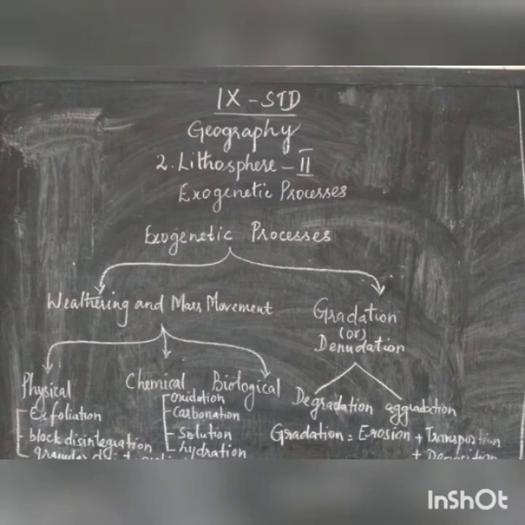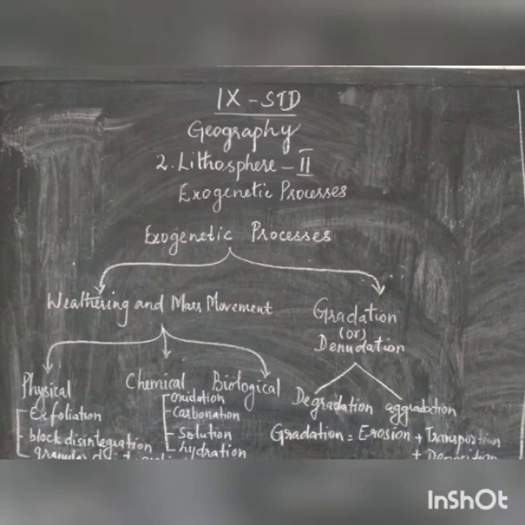Number 2, chemical weathering. Disintegration and decomposition of rocks due to chemical reaction is called chemical weathering. Let us see how chemical weathering takes place through the processes of oxidation, carbonation, solution and hydration. First of all, we have to see the agents of chemical weathering. The agents of chemical weathering are oxygen, carbon dioxide, hydrogen and water. Oxidation: oxygen in the atmosphere reacts with the iron found in rocks, which leads to the formation of iron oxide.